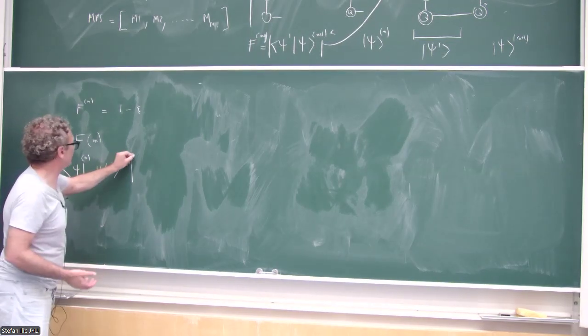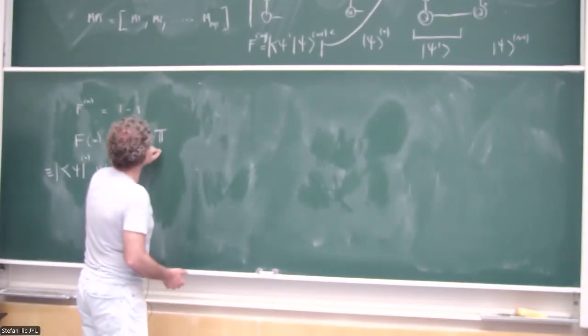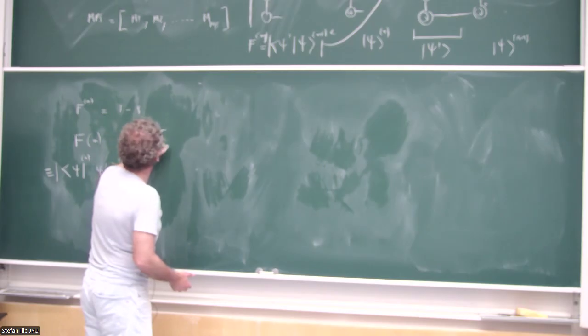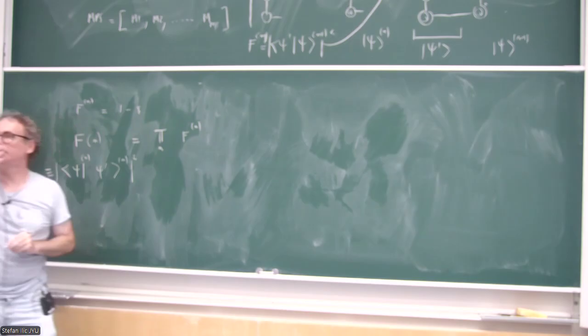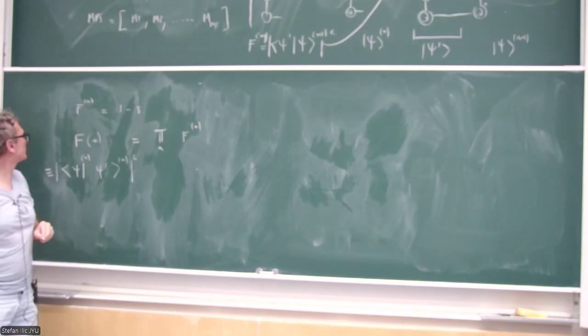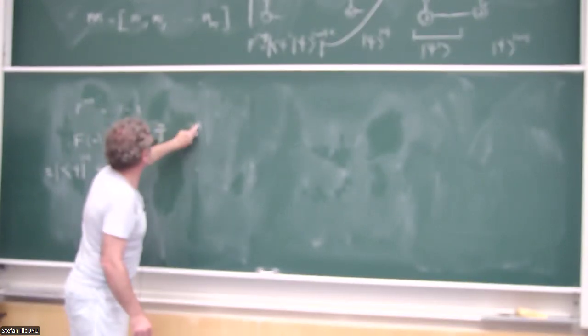So this fidelity here, typically, it's a product of the fidelity per step, alpha equal 1 to n.